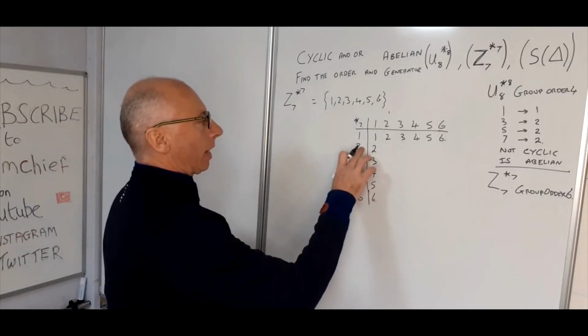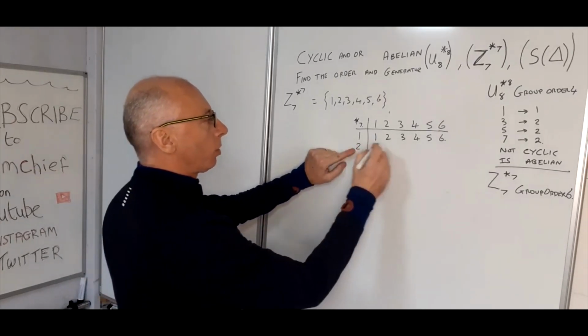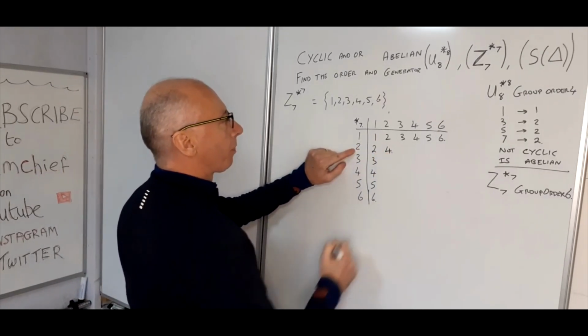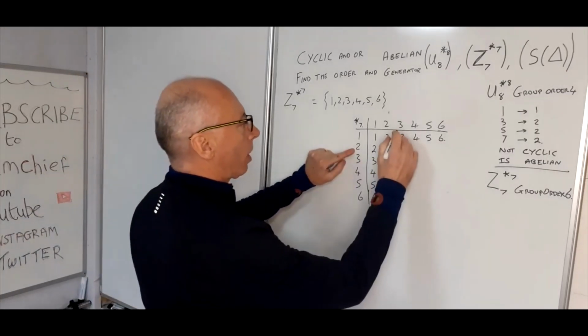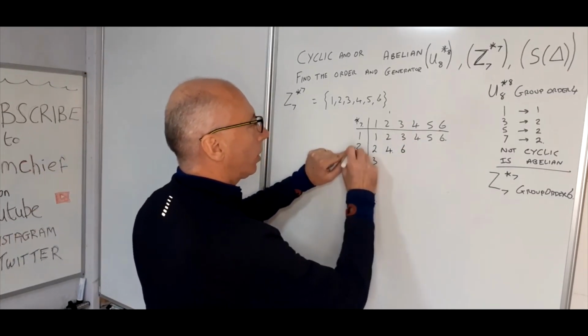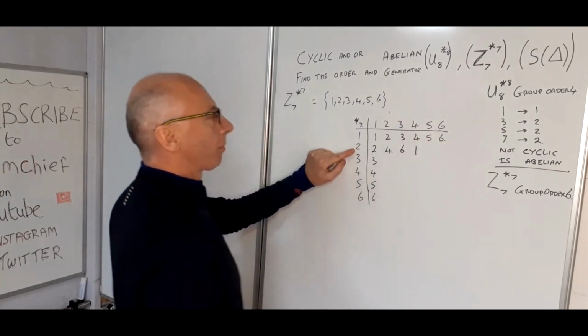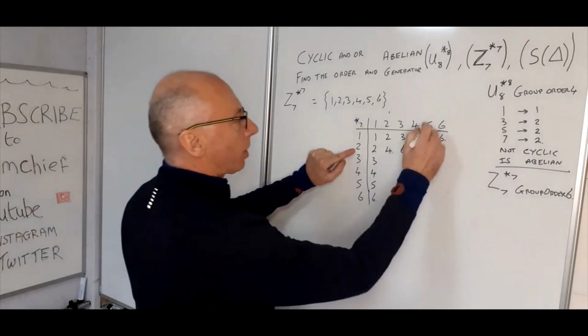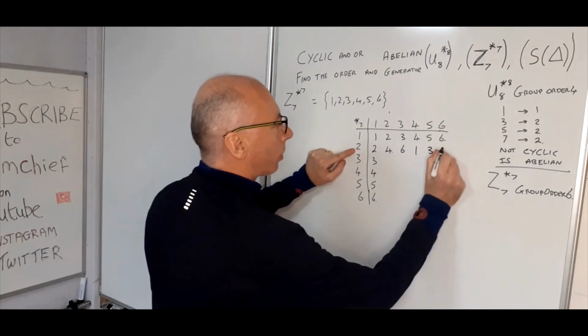Okay, now what about picking up the parts of the Cayley table here? So 2 times 2 is 4. Remember, we're modulus 7. 2 3s are 6. 2 4s are 8. 8 modulus 7 gives us 1. 2 5s are 10. Modulus 7 gives us 3. And 2 6s are 12.